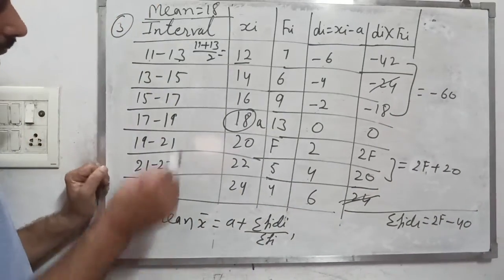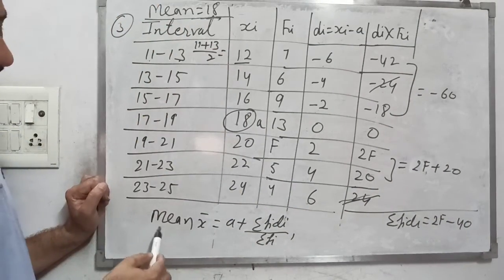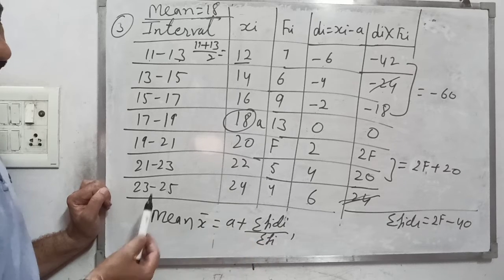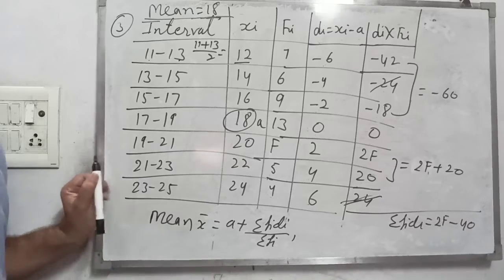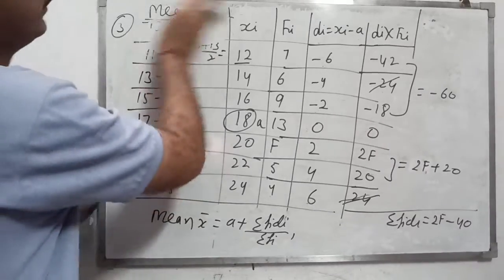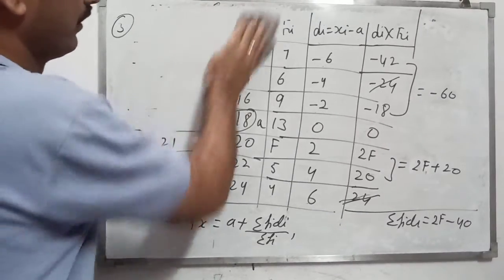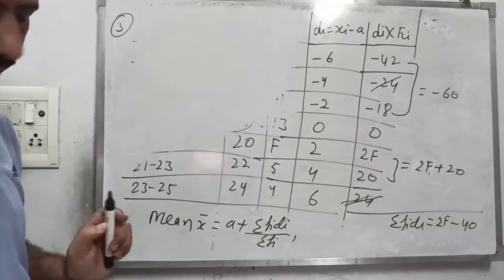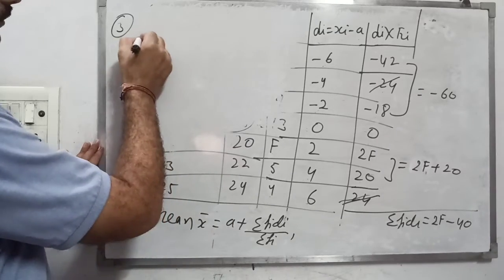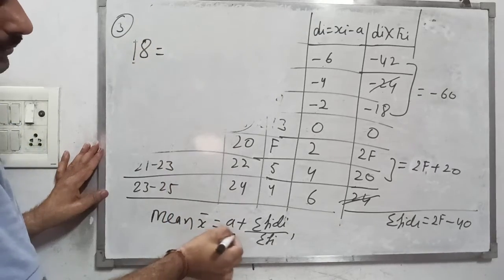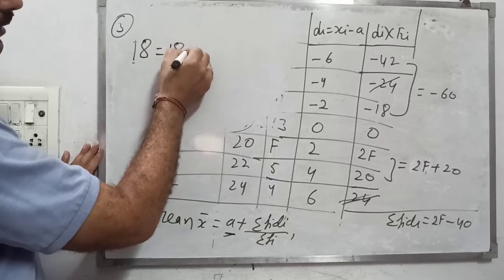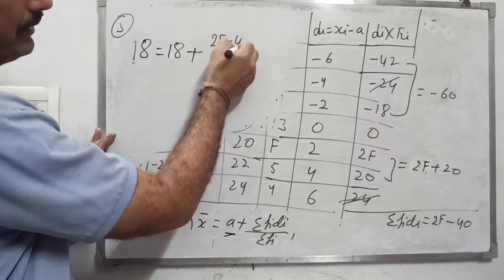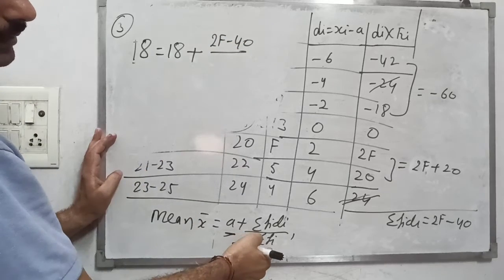Now the mean is already given, that is 18. So mean is equal to a plus summation of fi di divided by summation of fi. Now we put the values and calculate it. The mean is given, that is 18, and the assumed value is also 18, plus summation of fi di, 2f minus 40, divided by summation of fi.